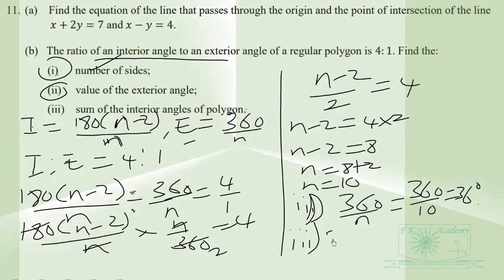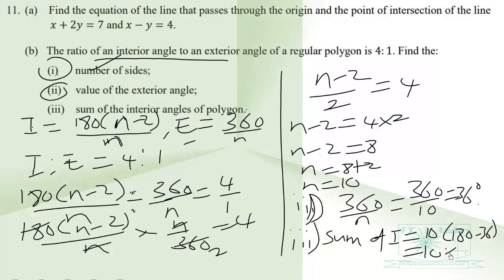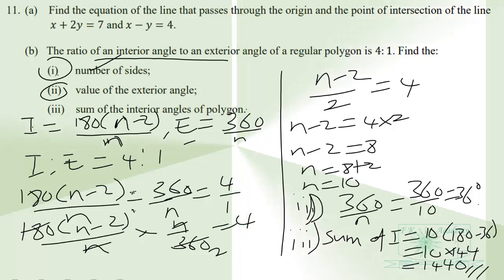So the sum of the interior angles will be equal to 10 times 180 minus 36, which is going to give us 10 times 144. 10 times 144 will give us 1440. So that is the sum of the interior angles of the polygon.